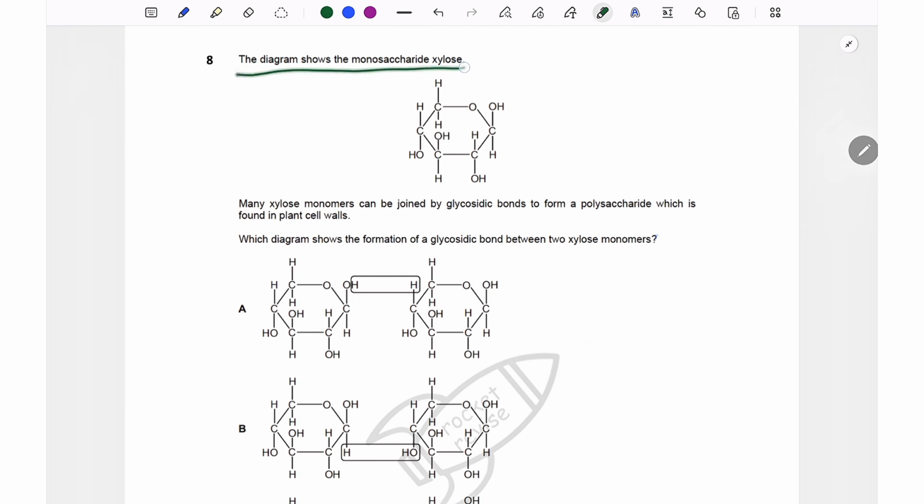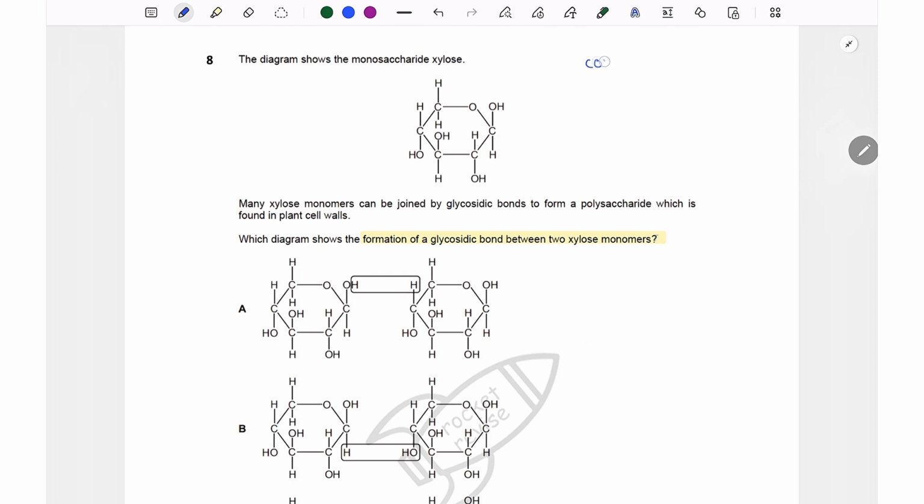The diagram shows a monosaccharide xylose. Many xylose monomers can be joined by glycosidic bonds to form a polysaccharide, which is found in plant cell walls. Which diagram shows the formation of a glycosidic bond between 2 xylose monomers? So this is a condensation reaction, formation of glycosidic bonds between 2 monomers.